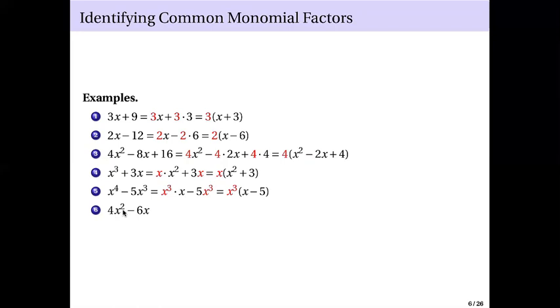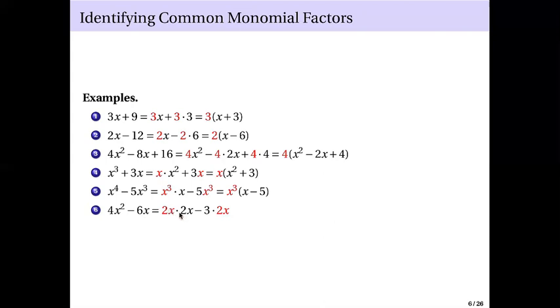In here, we have this 4x squared. We can write it as 2x times 2x. We got the 2 and x because 2 and x is also a common factor of 6x. In fact, we write 6x as 3 times 2x.